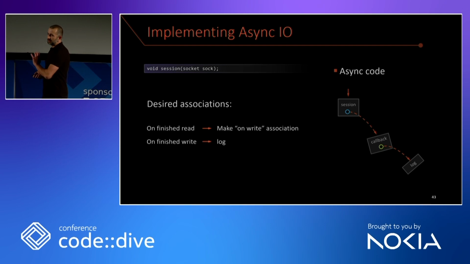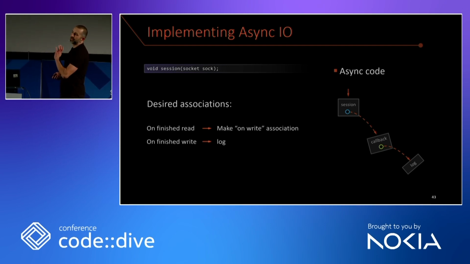We don't need to know about it. We'll just say that we are interested in data being read to our buffer and send it there and be gone. And make an association that when this read has finished, successfully or not, call our callback.